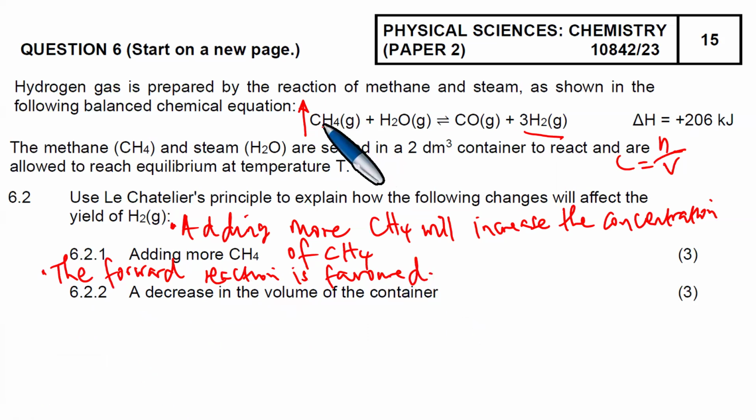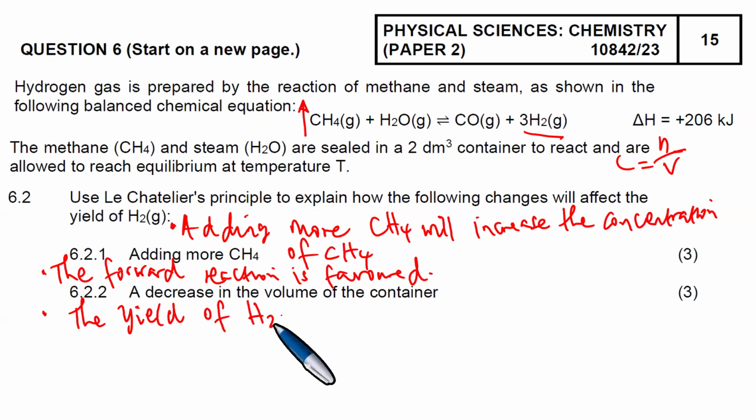You are increasing the concentration of CH4, and by so doing, the forward reaction is favored. The yield of hydrogen gas will increase.